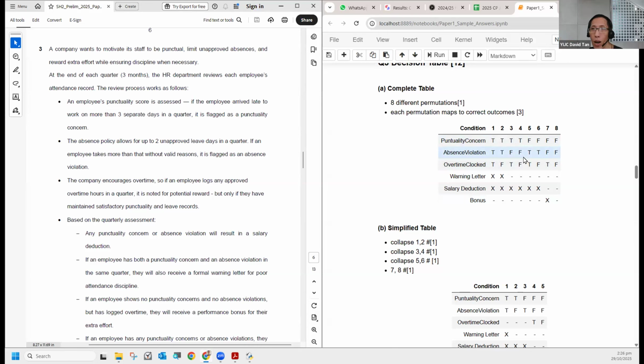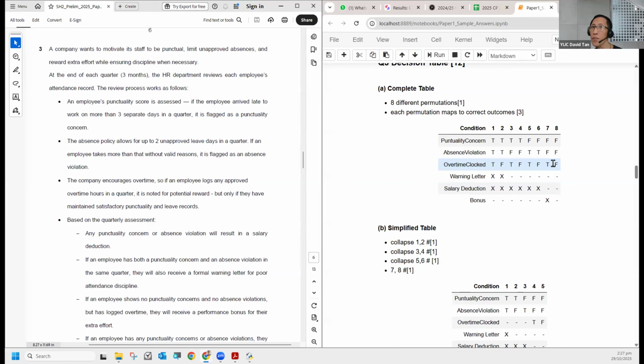But what happens if there are 4 conditions? 2 to the power of 4 is 16, so there will be 4 rows and 16 columns. That is a bit too much to set in the exam. So it is quite safe to say that most of the time people will set 3 conditions.